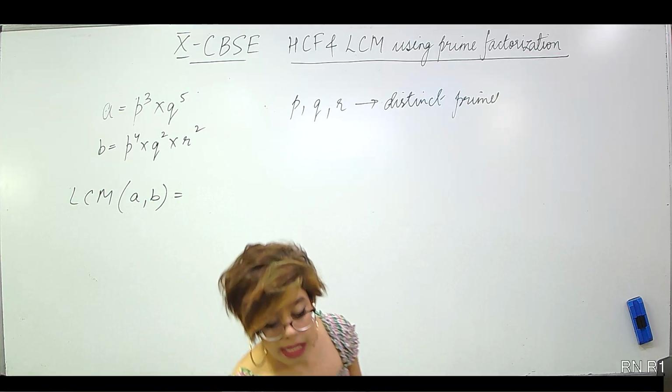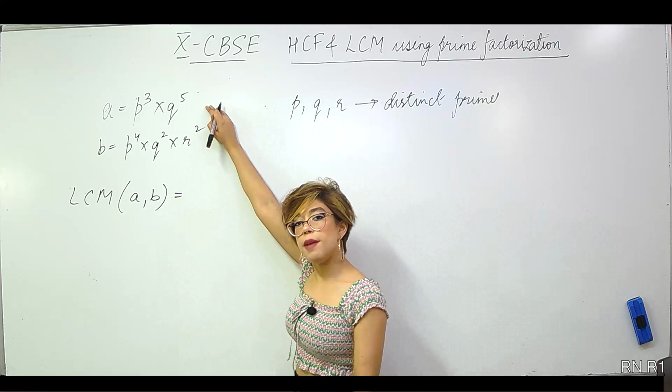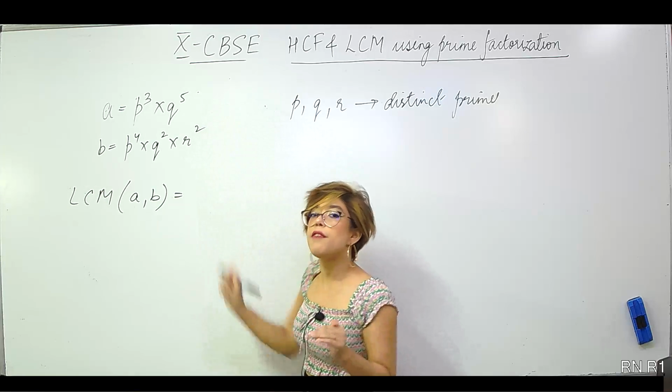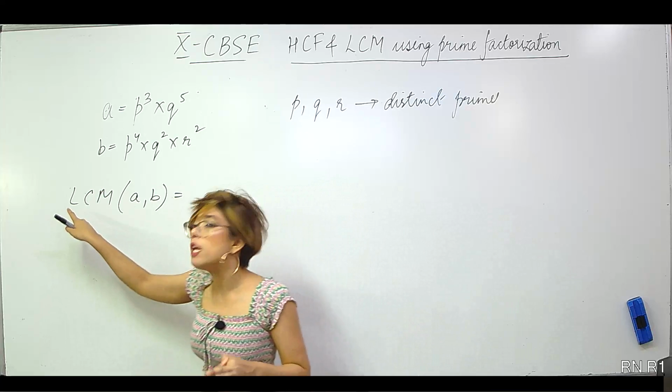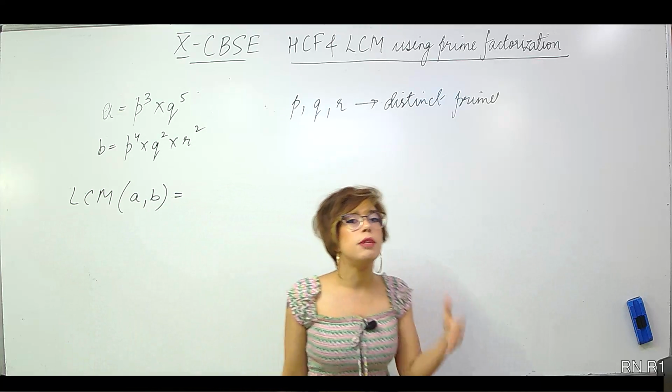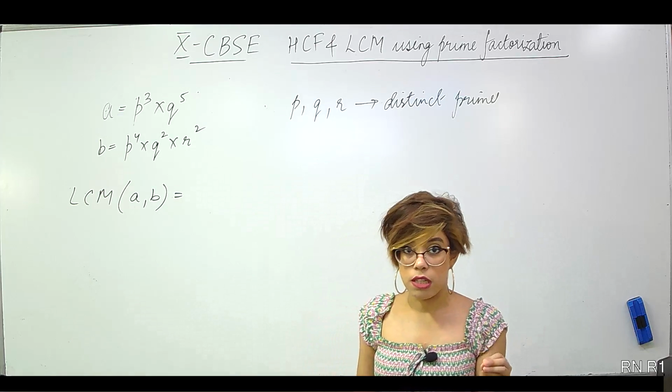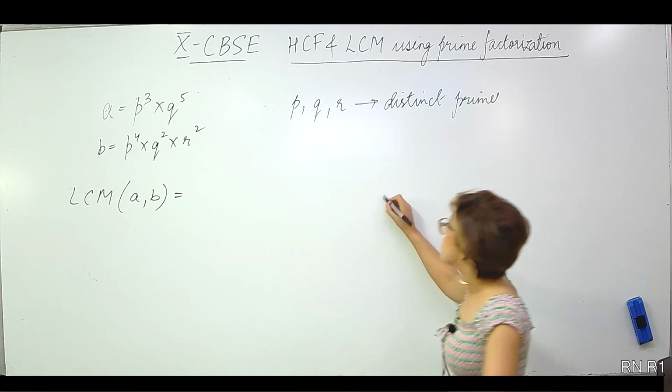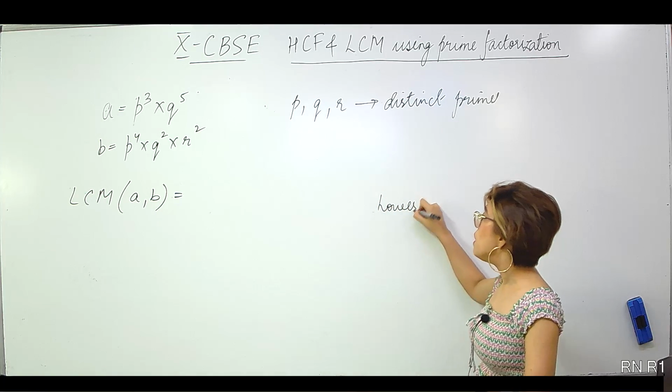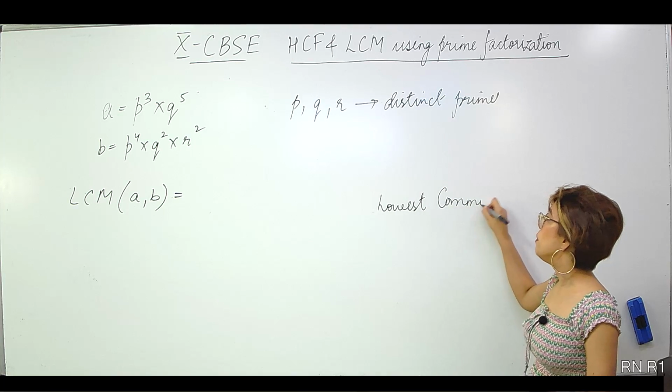Now, I have written the prime factorization of A and of B. Using the prime factorization, I will try to find the LCM. First of all, let me recapitulate what LCM is. LCM stands for lowest common multiple.